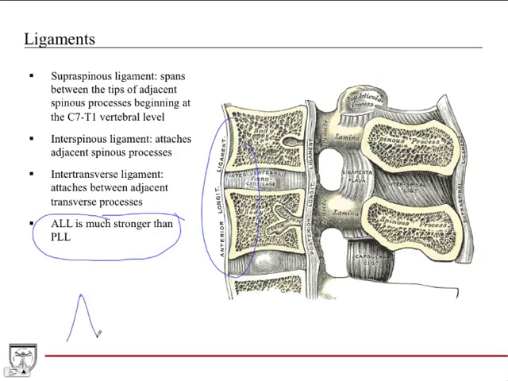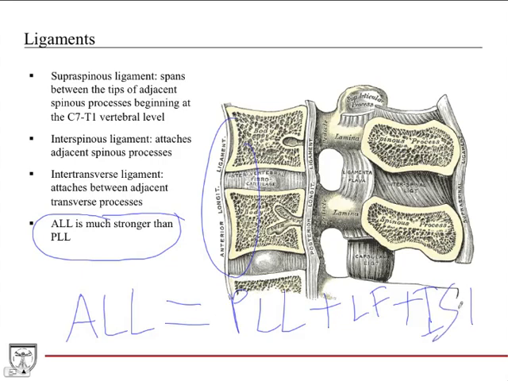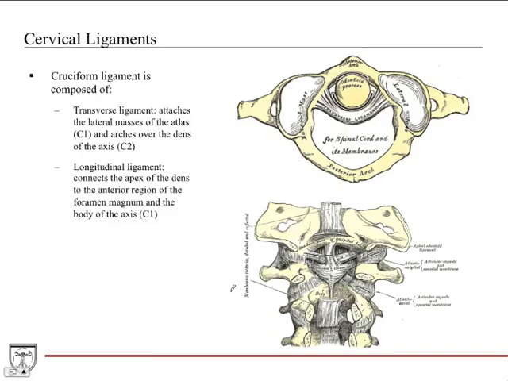So if we do a little algebra equation here, you have ALL is equal to the PLL, but not directly, also plus ligamentum flavum plus the interspinous ligaments plus the supraspinous ligaments plus the intertransverse ligaments. So the ALL has got to have the same strength as all of these put together. You could think of it as an equilibrium. That is why the ALL is much stronger, because posteriorly you have a lot of ligaments acting to help prevent hyperflexion.